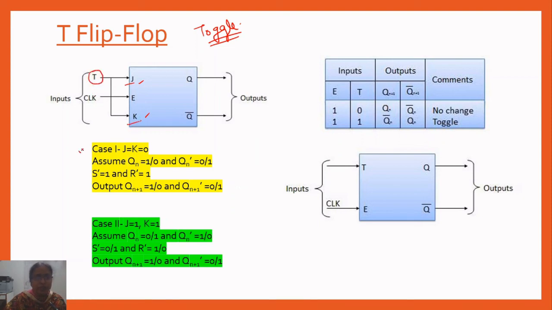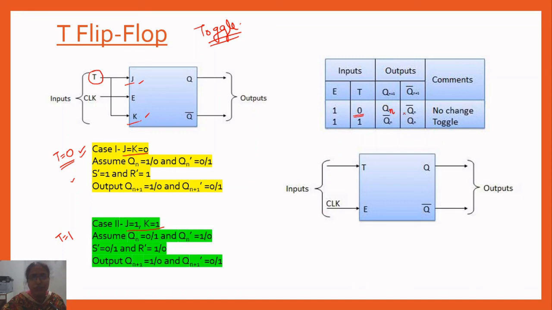So we can have two cases: when T is equal to 0 and T is equal to 1. When T is equal to 0, J and K will be equal to 0. When T is equal to 1, J and K both will be equal to 1. So we are using case 1 and case 4 of the JK flip-flop. So we know that in case 1, when T is equal to 0, there will be no change.